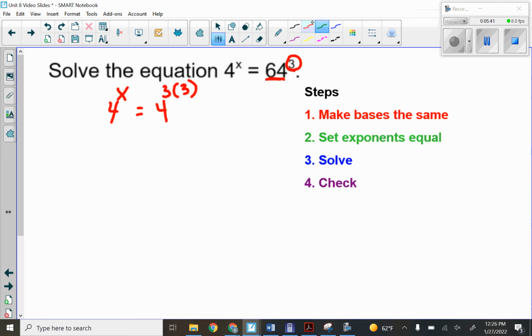So then we've seen a problem similar to this already. x equals 3 times 3. So x equals 9.